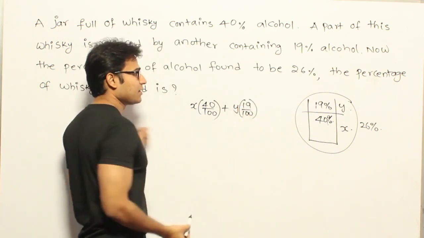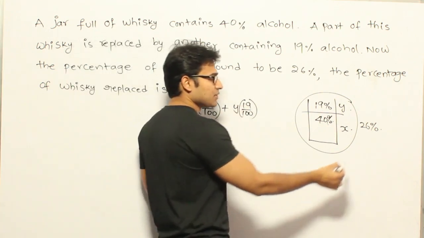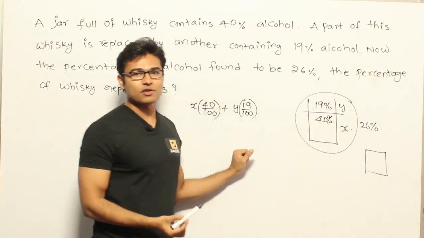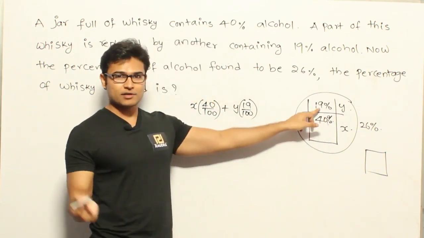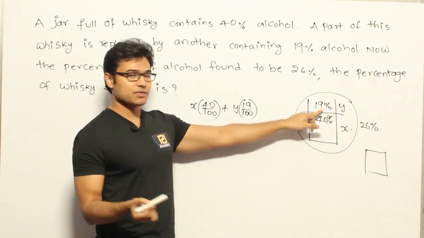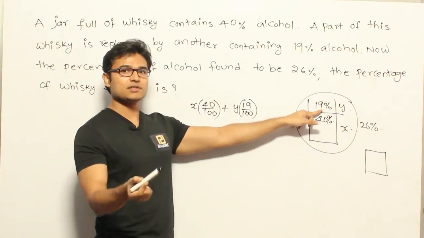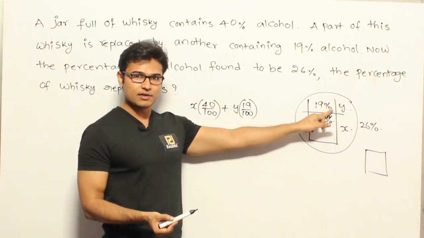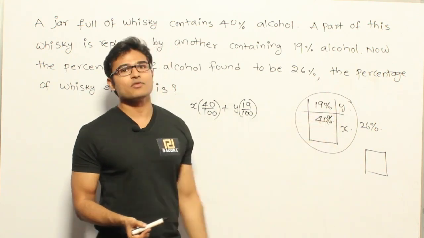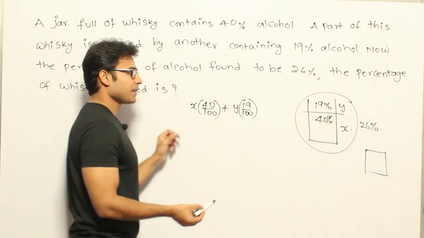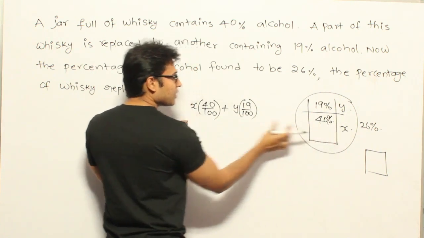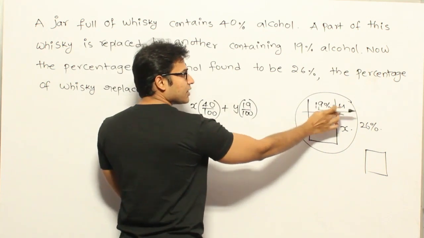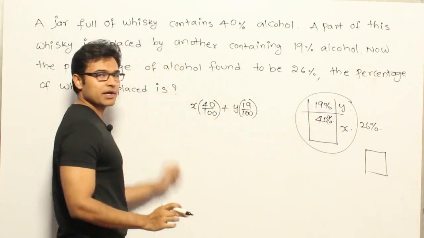Before going ahead, I hope you know that whiskey is a mixture of water and alcohol. When I say it is 19% alcohol, it means 19% is alcohol and the remaining is water. Therefore, even if you have Y liters of this whiskey, only 19% of it will be alcohol. That is why I am writing it like this. So from this whiskey the amount of alcohol is X into 40 by 100, and from this whiskey it is Y into 19 by 100.